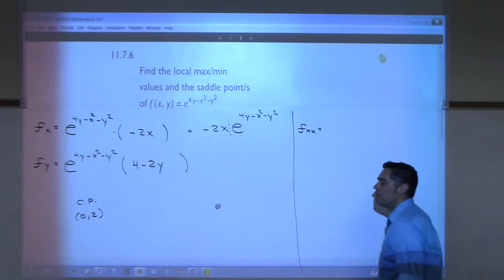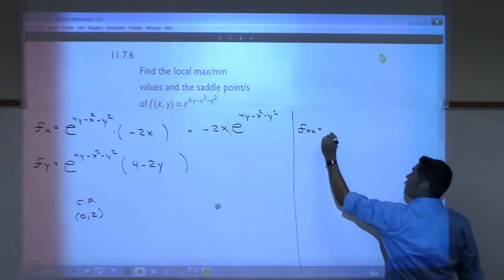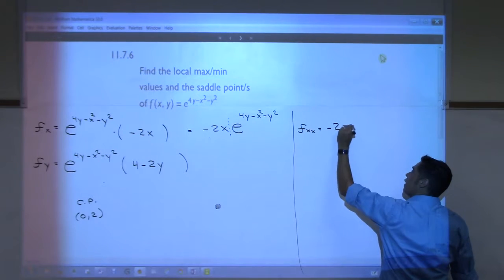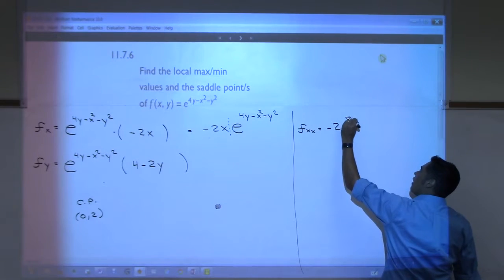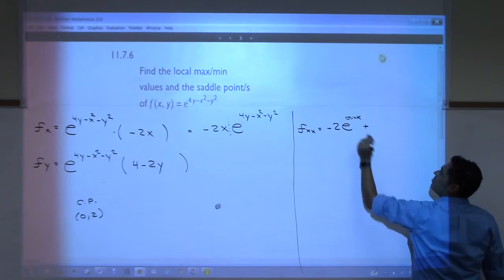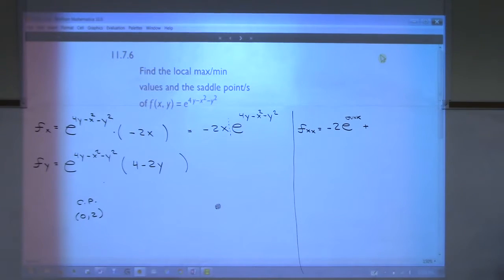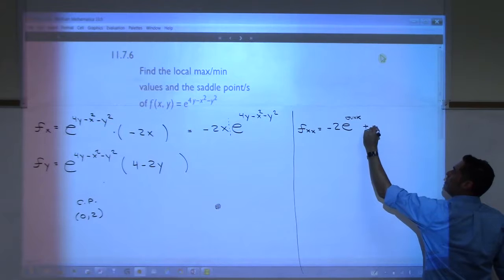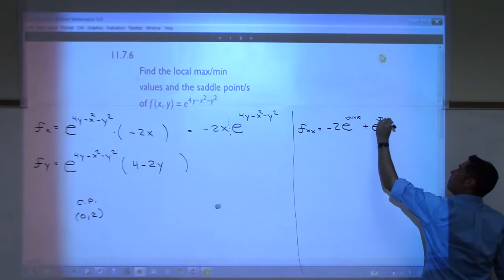The derivative of the first part is just negative 2 e to the junk, and then plus the derivative of e to the junk, which is e to the junk again.